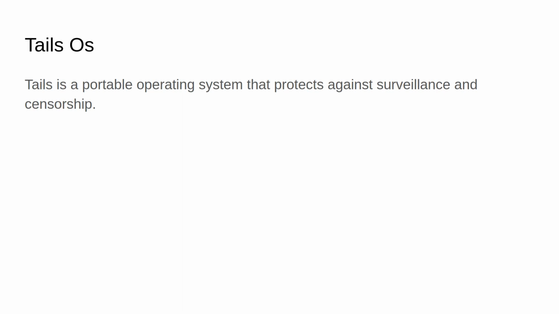Tails OS is one of the important operating systems in which Tor comes pre-installed. This means that all the internet traffic in Tails OS goes through the onion router.